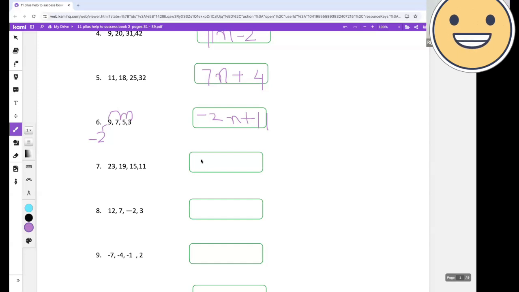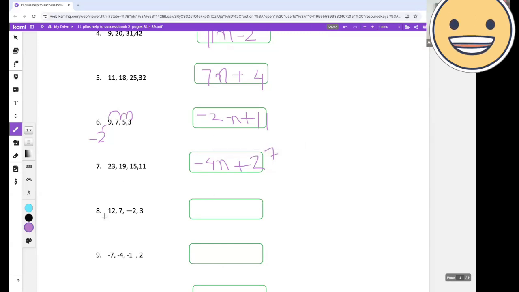Is it minus 4n plus 27? Yeah, good. So it's the same way as we did the previous one. The answer for this one is minus 4n plus, not 21, 27. Did you say 27? Yeah, 27. So that's for number 7.